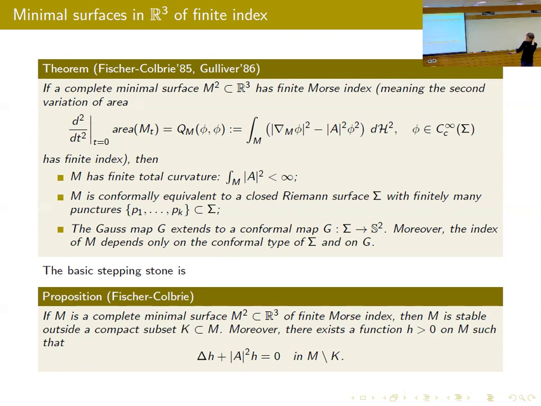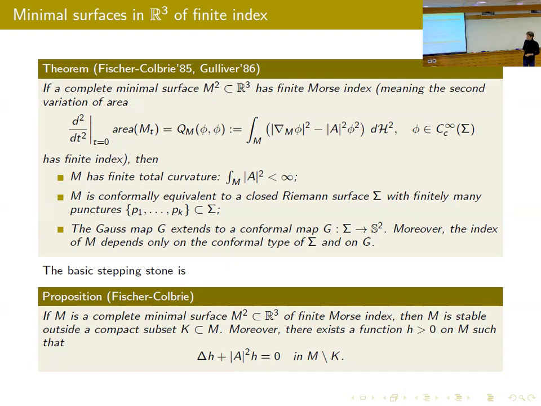And by classical earlier results of Osserman, when you have this condition, then you understand beautifully, in a topological sense, what the minimal surface is. It turns out that the minimal surface has to be conformally equivalent to a compact Riemann surface with some points removed.